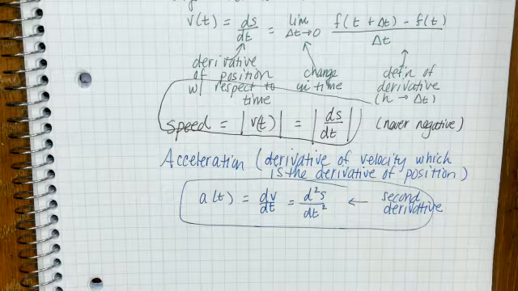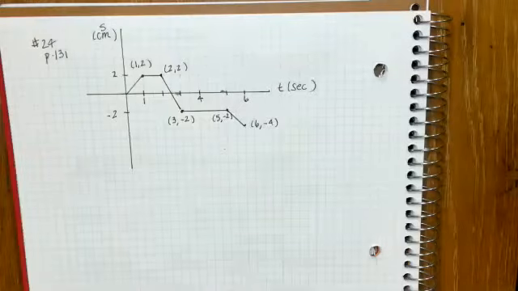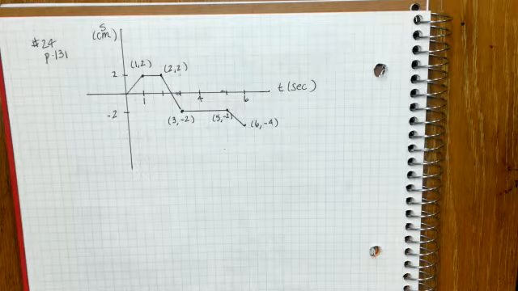Okay, so let's look at some examples and what it means when the velocity is negative. This is the graph of number 24 on page 131. Take a minute and draw that.